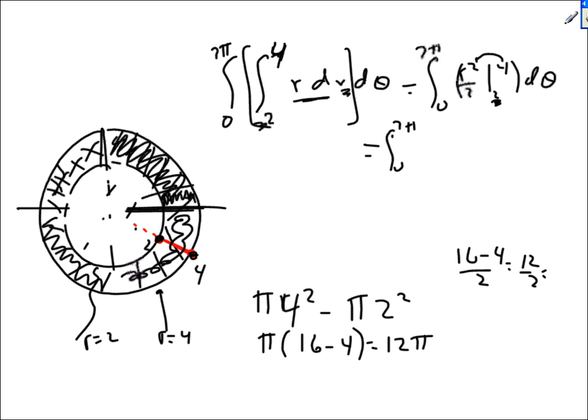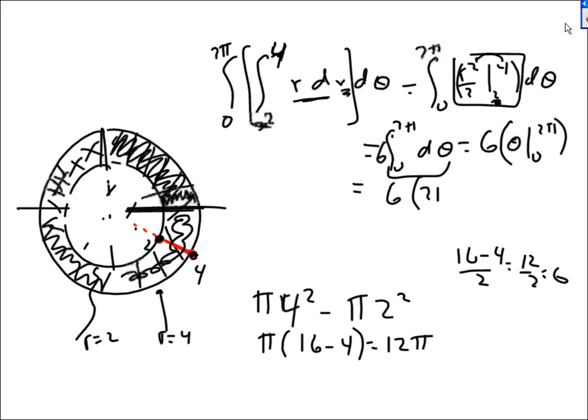This is 12 over 2, or 6. 16 minus 4, okay, you get 6. But it's a constant. I can put it out in front. D theta. Well, there's 6. The integral of d theta is just theta, from 0 to 2 pi.